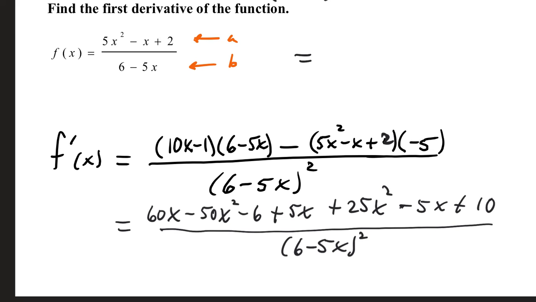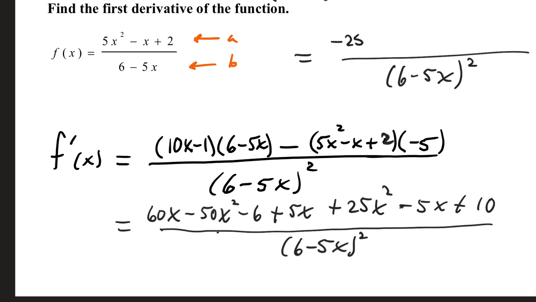Okay, so up here, I'm going to try to simplify. I'm not going to worry about expanding the denominator. Denominator quantity squared. There we go. All right, so direct your eyes at the bottom, negative 50x squared plus 25x squared.